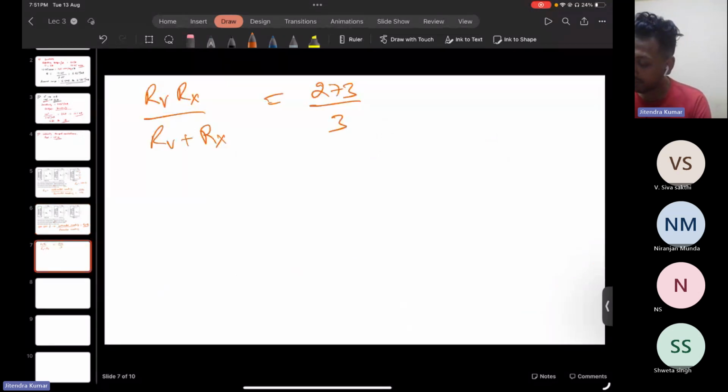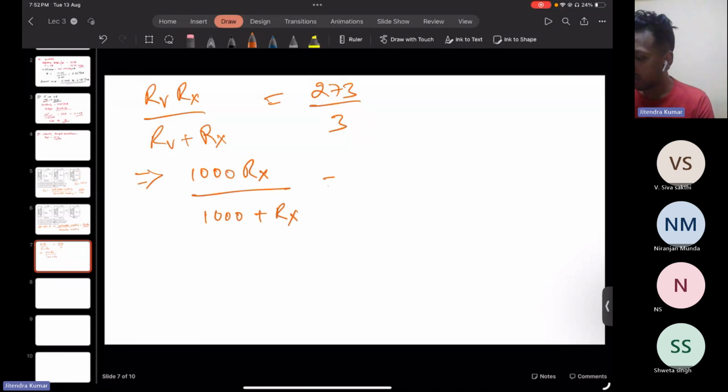RV we have already computed, 1000. So 1000 Rx divided by 1000 plus Rx is equal to 273 by 3.